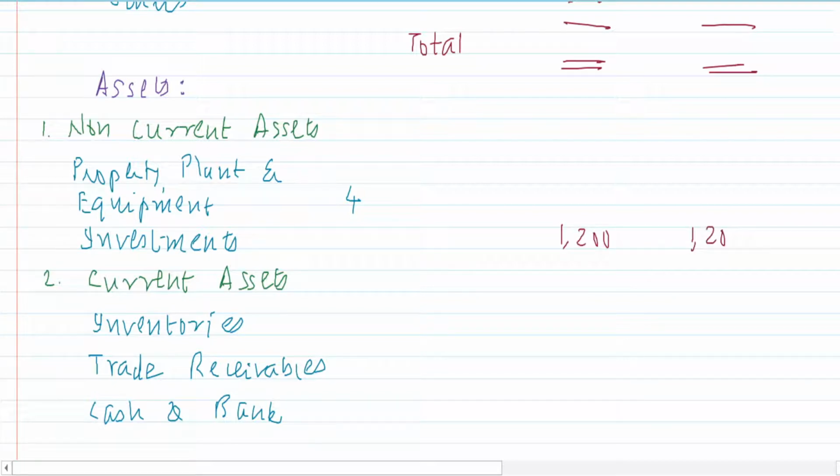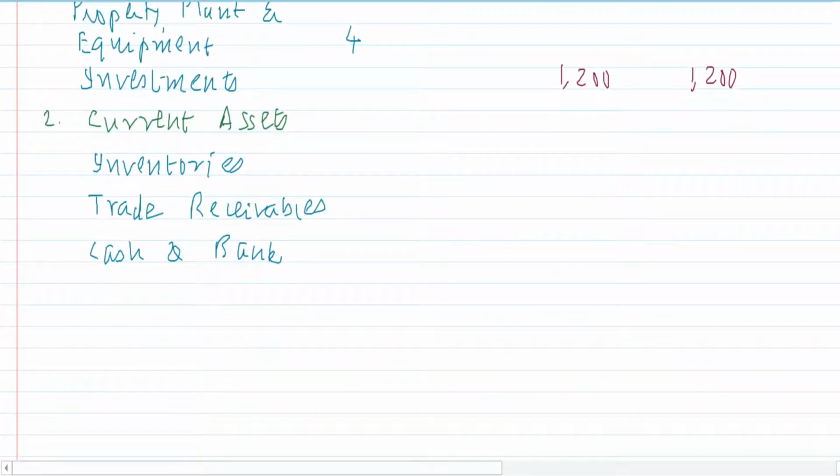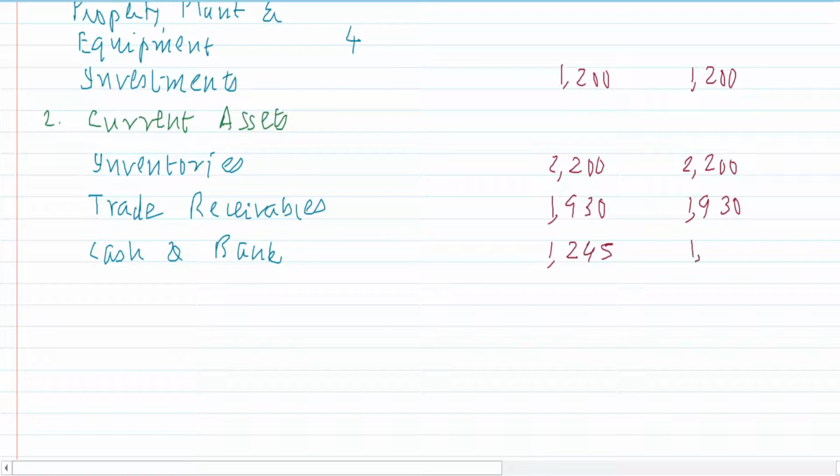Right, investment of purchasing company and investment of selling company are added. Similar line by line addition we will do also for the inventories. So just add up the two figures which are there in the balance sheet. 2200, 1930 over here, and 1245 over here.